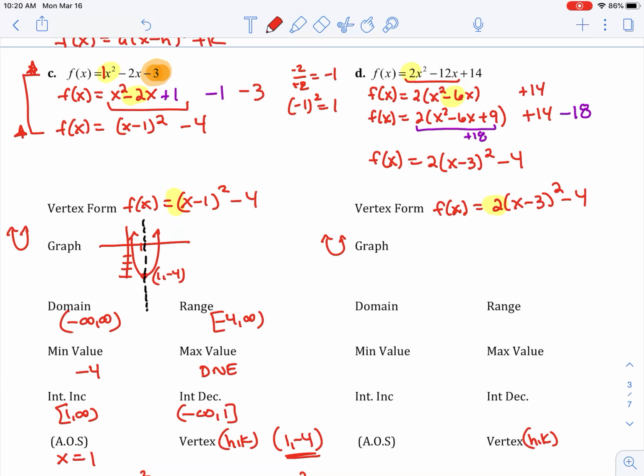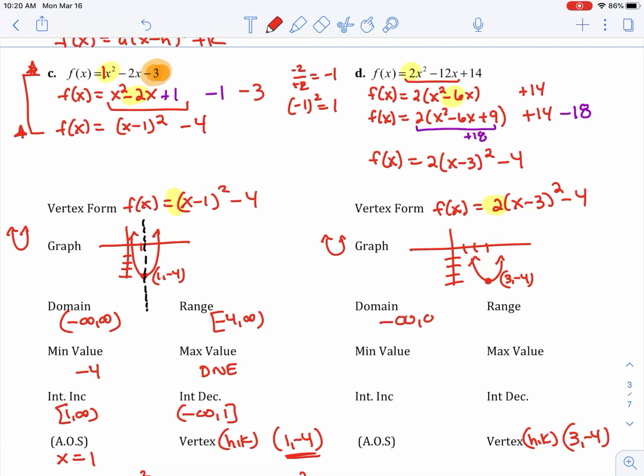Our vertex is that h, k, and in this case, our h, k is the 3, negative 4. So our graph, with our vertex being over here at 3, negative 4, is opening upwards. So it's down here, lower quadrant 4.